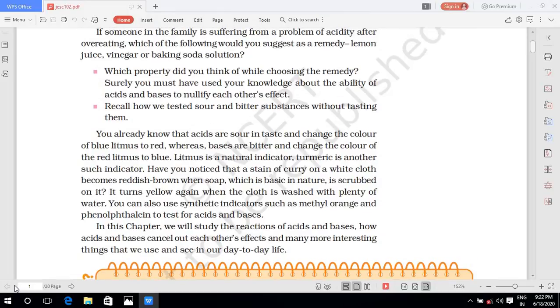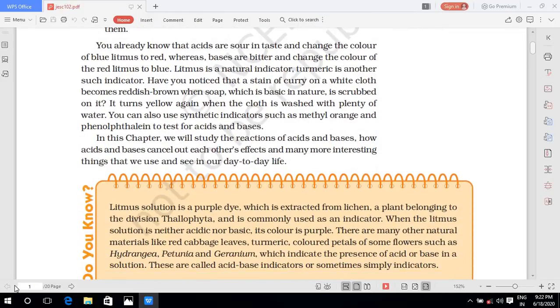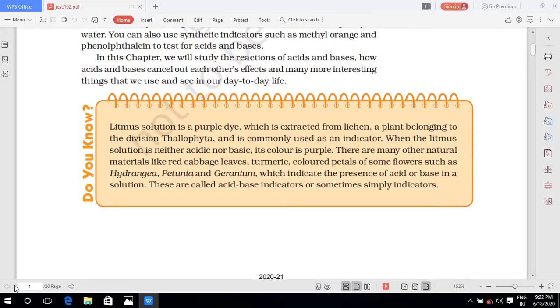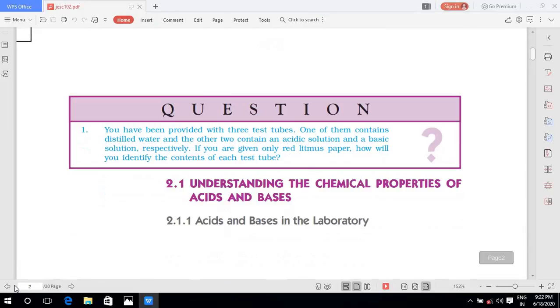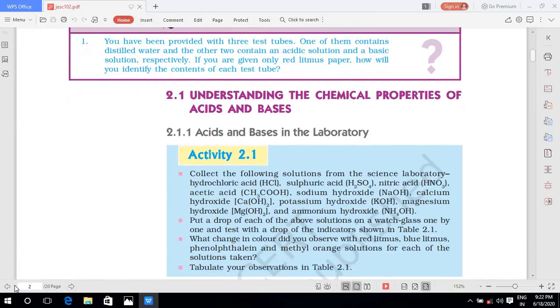So we have a lot of different properties based on which we can determine whether the given compound is acid or base, depending upon their chemical nature. So first of all, let's understand the chemical properties of acids and bases.